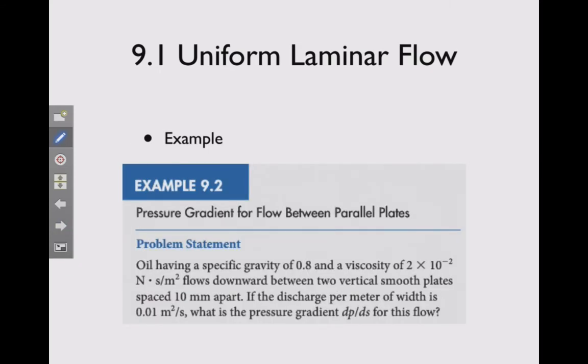So this allows us to solve problems of Hele-Shaw flow when we have flow going between two parallel plates. Here's an example of some oil with a certain viscosity between downward vertical plates, and we can determine the flow and also the pressure gradient through the Hele-Shaw equations. We'll do some examples of this in class again.